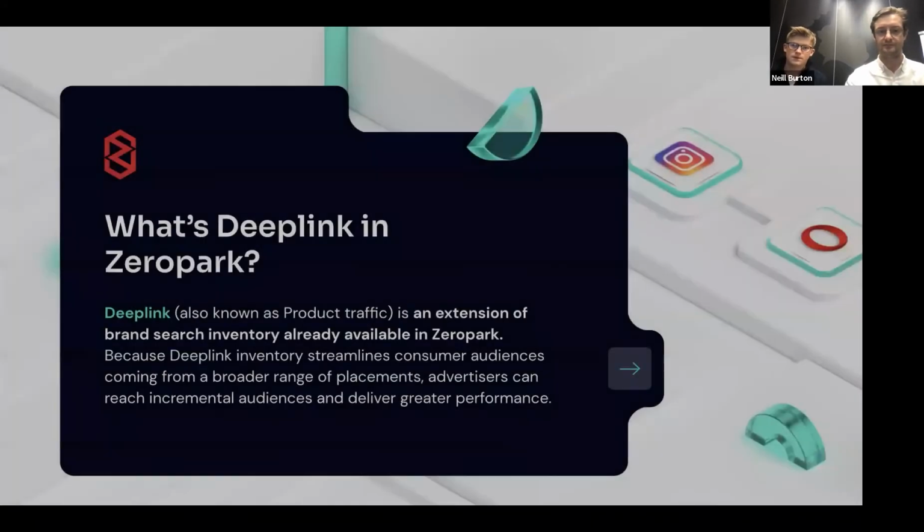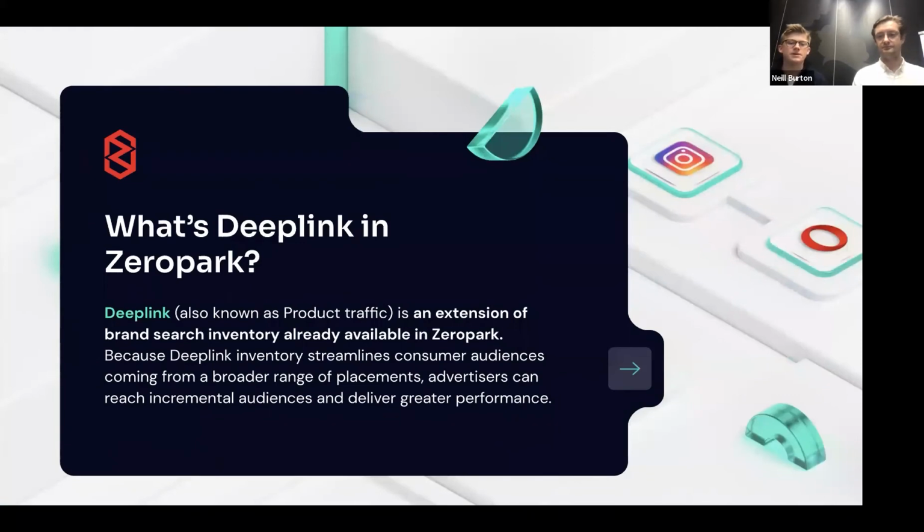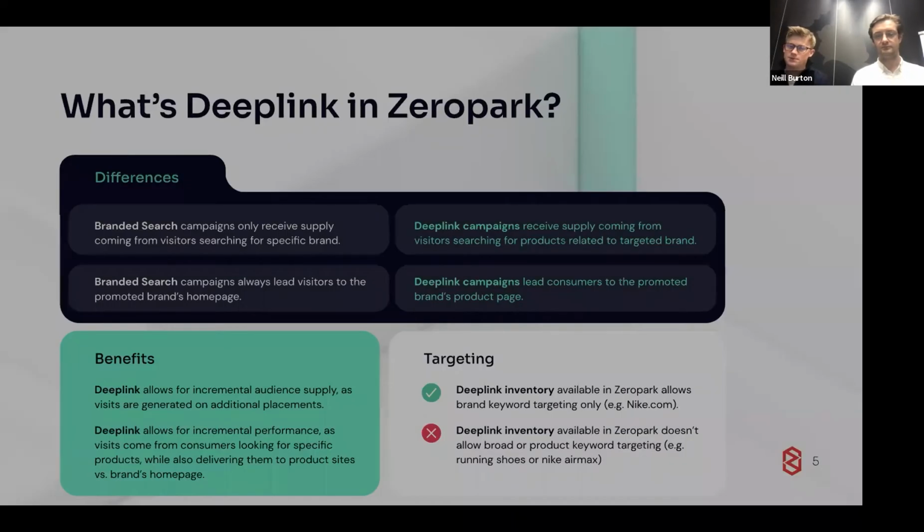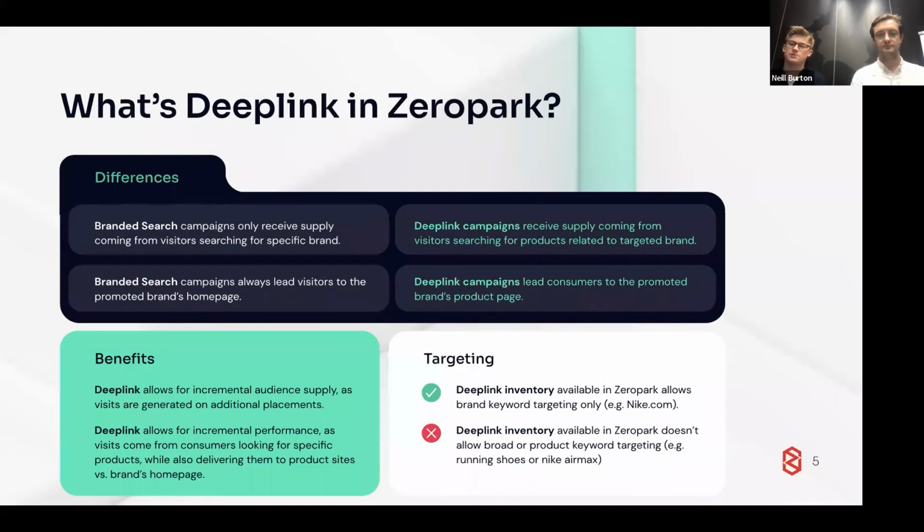Okay. So what's deep link in Zeropark? Deep link is an extension of brand search inventory, which is already available in Zeropark. And I think this is the most interesting part. Imagine you already have a good campaign running on homepage traffic on Zeropark, and you see that the supply of traffic is already quite limited, and you want to increase the supply.